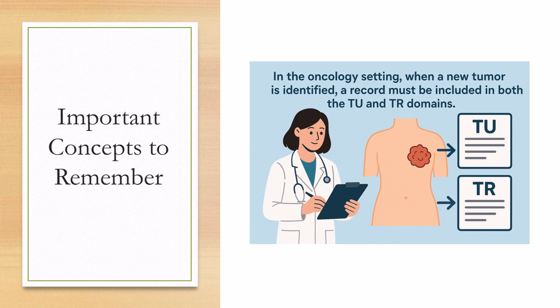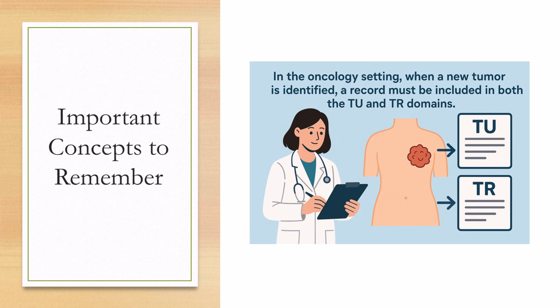The third way is that along with the occurrence of a new tumor and along with the information of anatomical location, we also have the information of measurement of this particular tumor. In that scenario, in the TR domain, we will capture the records of the measurement or assessment of this particular tumor.